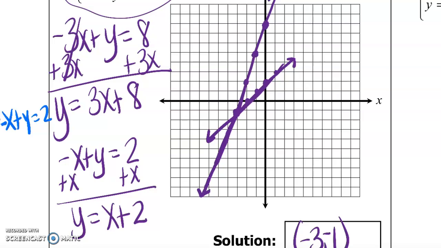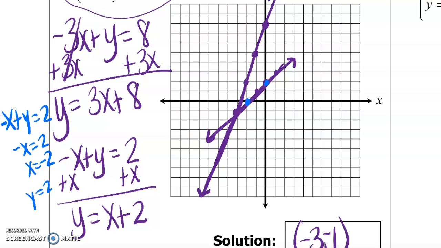So remember, for that we do negative x equals 2, so x would equal negative 2. And then your y-intercept is just y equals 2. You cover up the y to get the x-intercept. You cover up the x to get the y-intercept. So if you look at my graph, x-intercept was negative 2, y-intercept was positive 2, and you could connect those.